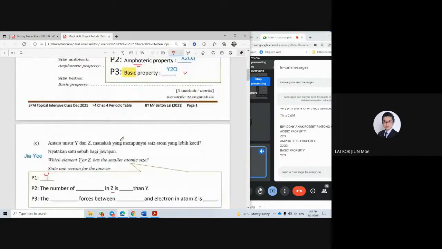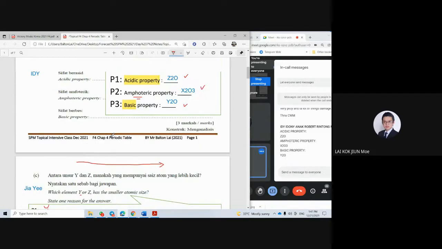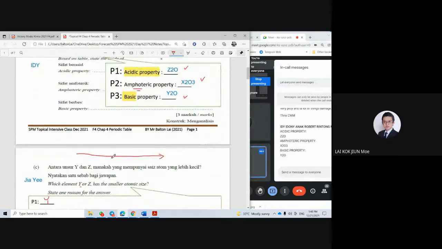Oh, okay. Yeah, they never tell you the position but Jia Yi, you have to know already. Across the period 3 right, Jia Yi? The middle. Amphoteric, right? Yeah. Amphoteric will be X, right? X will be middle. So left hand side is acid or alkali. Right hand side is acid or alkali. So this one you have to know already.